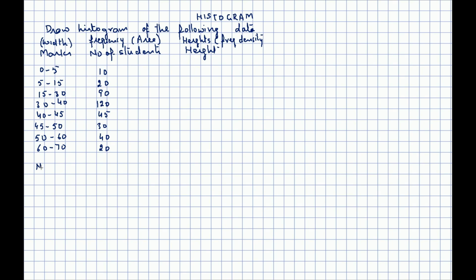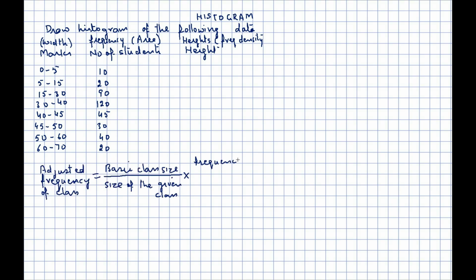To make things simpler, we use the formula given here to calculate height, or we can say frequency density: basic class size over size of the given class, into frequency of the given class. Basic class size is equal to 5 because the smallest class interval of the whole distribution is taken as the basic class size. 0 to 5 is the smallest class interval, therefore 5.